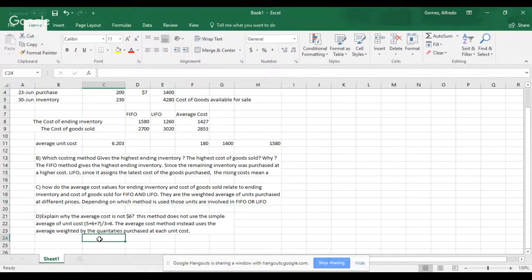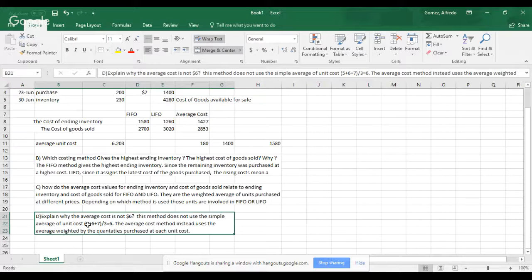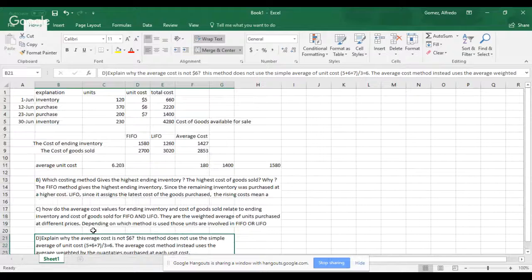Explain why the average cost is not $6. This method does not use the simple average of unit cost, which would be $5 plus $6 plus $7, the unit cost at each purchase, divided by 3, which would get you $6.